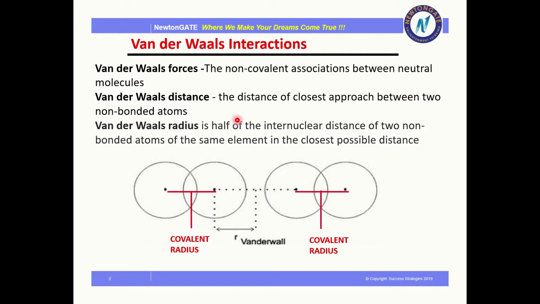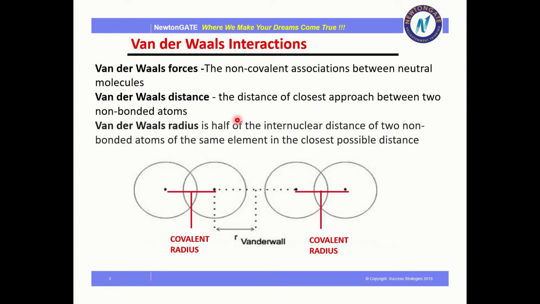So what happens at this distance of closest approach, as you bring the atoms closer and closer, there is a point at which all the kinetic energy of the particles will be converted to potential energy, and eventually that particle will come to rest, right?